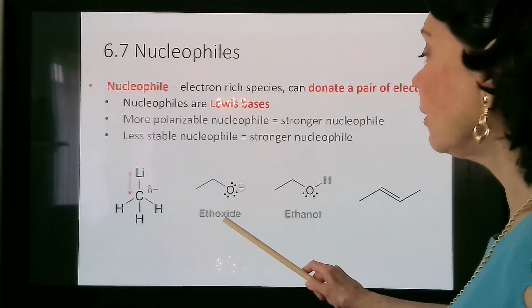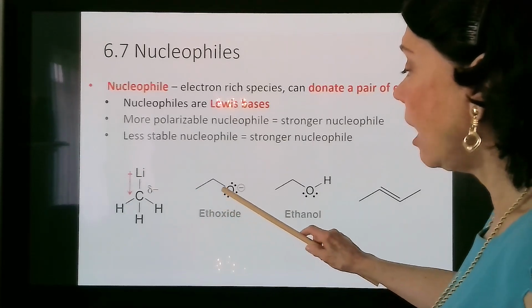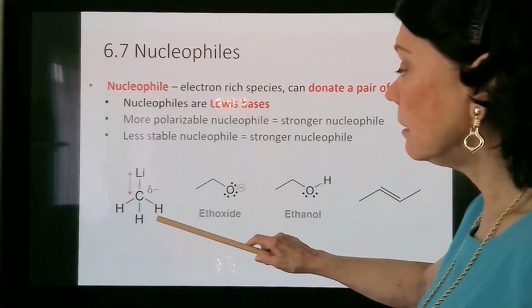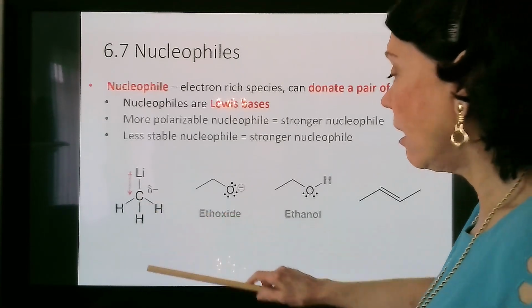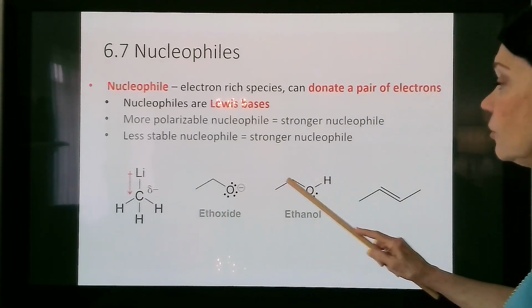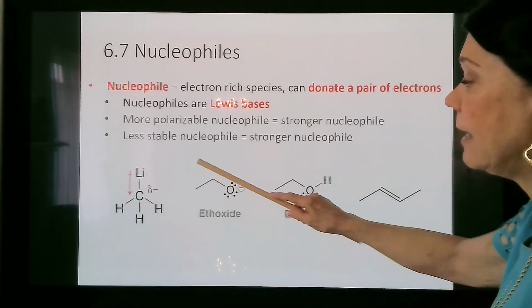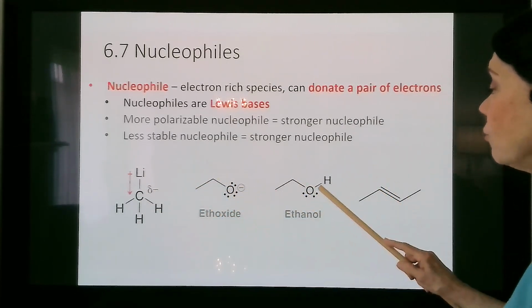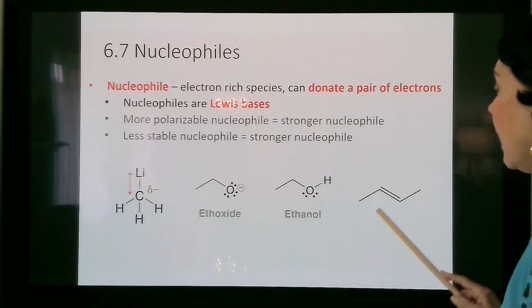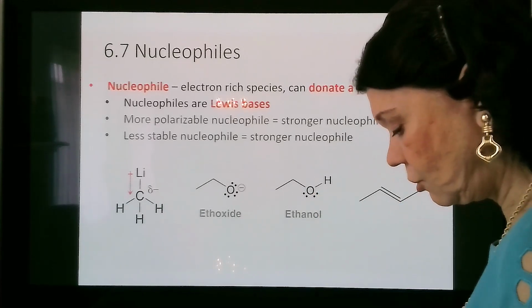So here is ethoxide, OEt. This is the methyl anion. So these are both anions. They're going to be more reactive than these neutral molecules, ethanol and 2-butene.